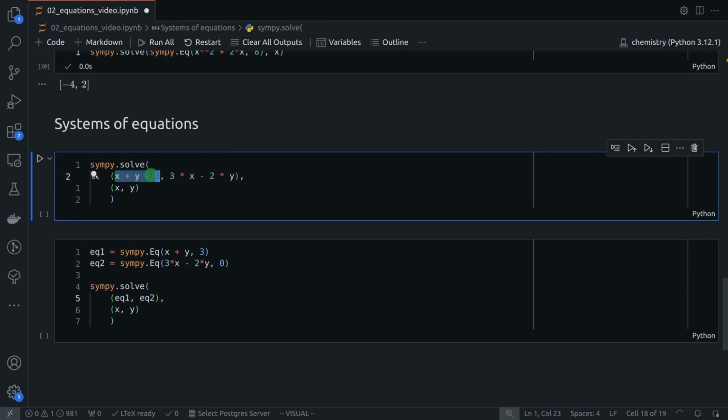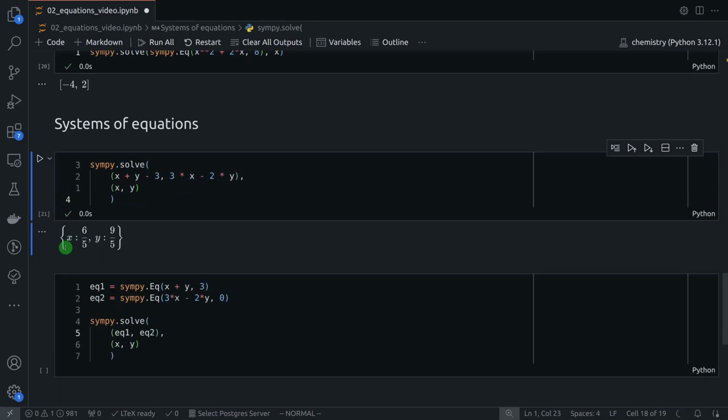Okay, so here we have the first tuple with the expressions, and the second tuple with the variables. So the variables are x and y. Running this cell, we have the values for x and y. So we have here 6 over 5 and 9 over 5.